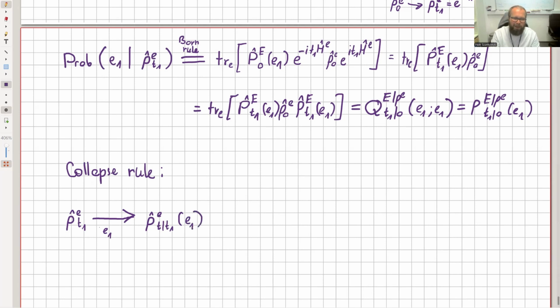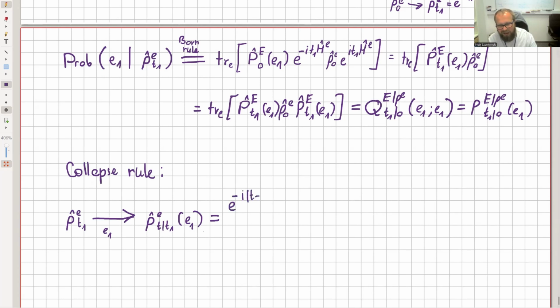This will be the density matrix assigned to the system at time t later than T1, given that at T1 we measured result E1. Okay, this is the notation.